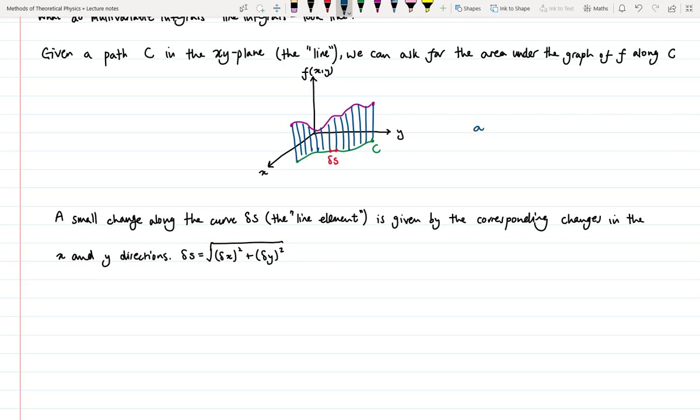We want to find the area of this sheet in blue. One way to do this is to parameterize the path C. So parameterize the path C with a new variable.